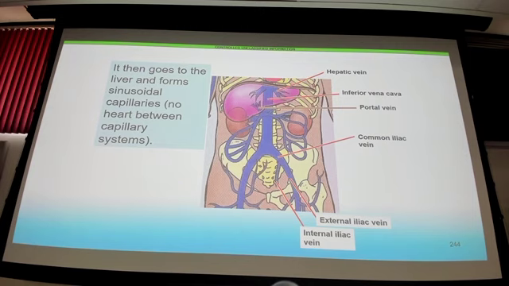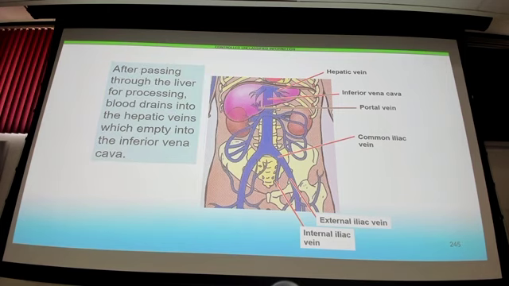For now, all we need to realize is that deoxygenated nutrient-rich blood is coming from the portal vein. Oxygenated normal blood with no nutrients in it is coming from the common hepatic artery. So you have blue blood and red blood mixing in the sinusoids. So the sinusoids would be said to be purple. It's a mixture, because sinusoids receive deoxygenated and oxygenated blood, and they mix together in the sinusoids.